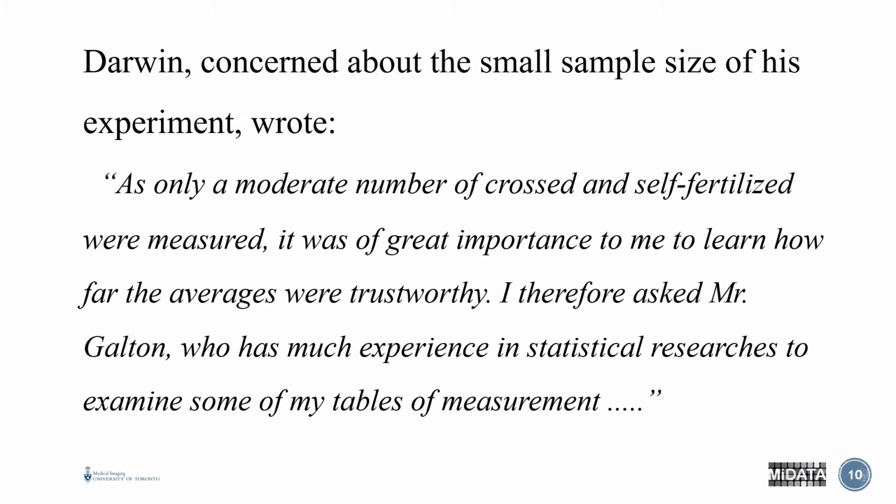He wrote: "Now, as only a moderate number of crossed and self-fertilized plants were measured, it was of great importance to me to learn how far the averages were trustworthy. I therefore asked Mr. Galton, who has much experience in statistical researches, to examine some of my tables of measurement."